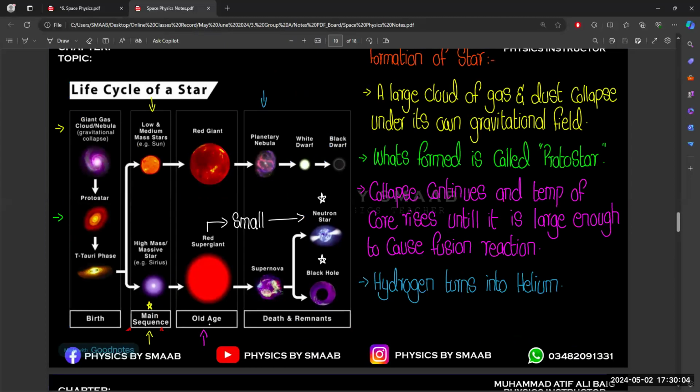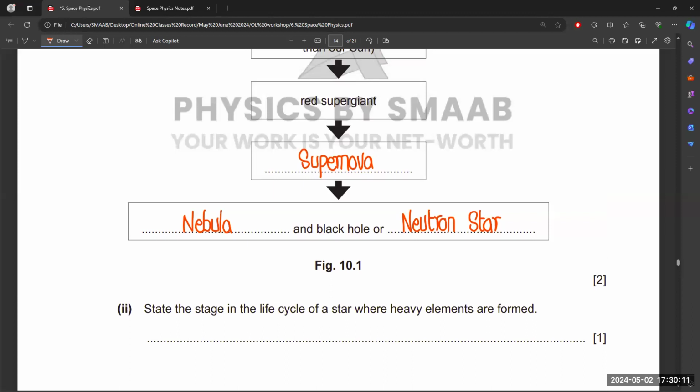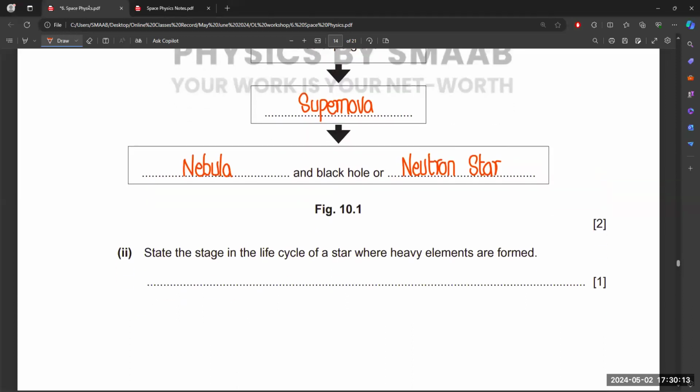So you can see red giant, planetary nebula, white dwarf, black dwarf. In this way, the state of the star converts, and this is the stage in the life cycle of a star where heavy elements are formed. So this is also supernova.